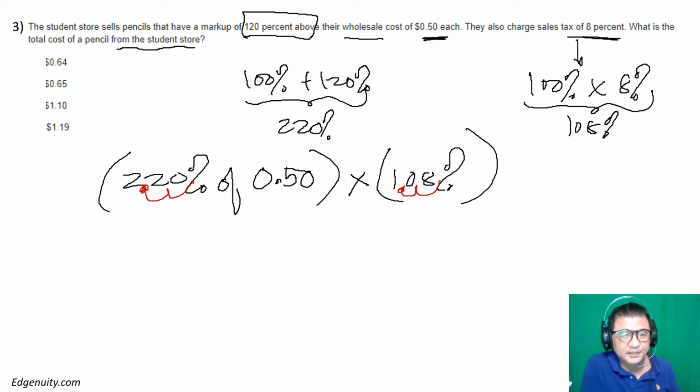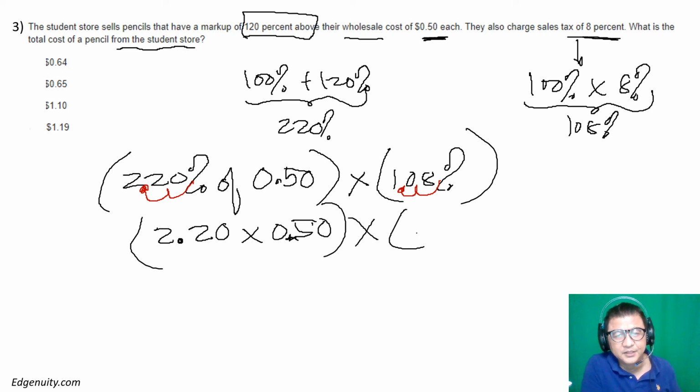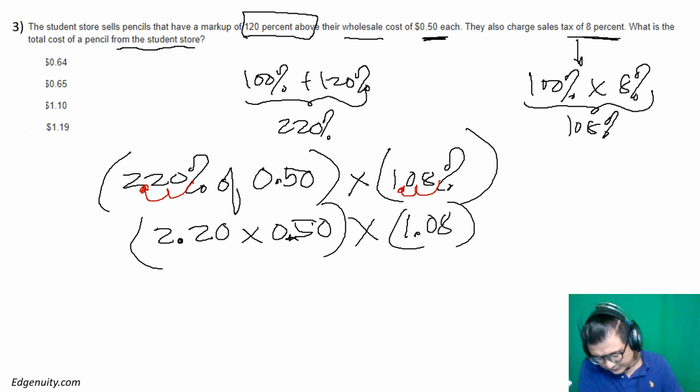What will I multiply? $2.20 times 0.50. Then after getting that, I will multiply it by 1.08. Now, get your calculator. 2.20 times 0.5, you will get 1.1.